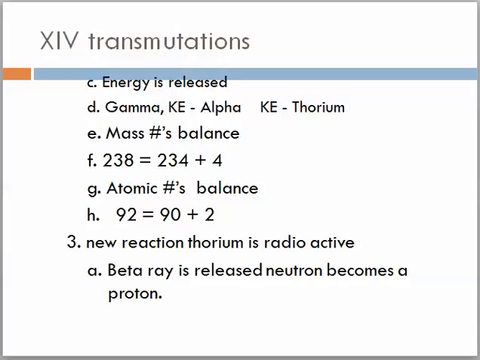During a transmutation, energy is released. So when they split, the energy is released, and what we have is gamma energy, kinetic energy of the alpha particle, and kinetic energy from the thorium.